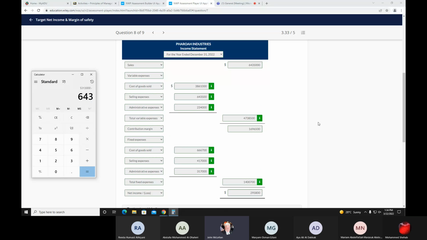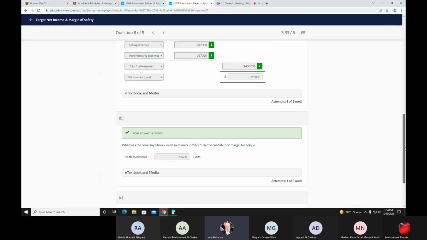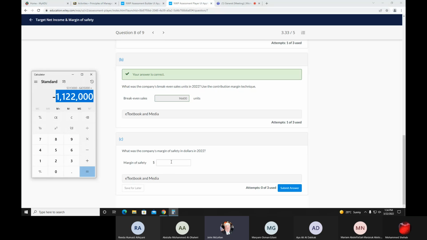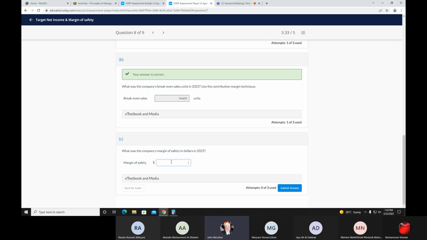So subtract 6,135,000 from your break even in sales, which was 5 million. And you had 1,122,000. Now that's your margin of safety in dollars. Okay, that's all I want. I didn't want the ratio yet.